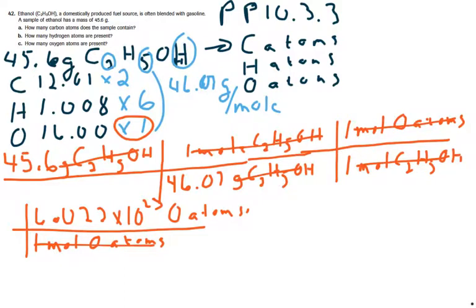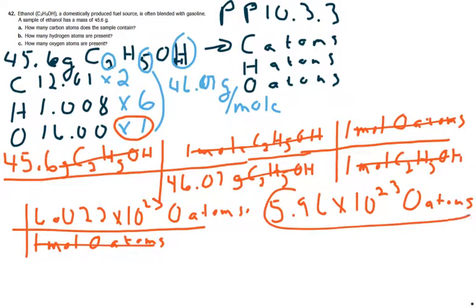And we find that we have 5.96 times 10 to the 23rd oxygen atoms. Yeah, that's actually our answer to part C. To do the other 2 parts, they end up being pretty simple.